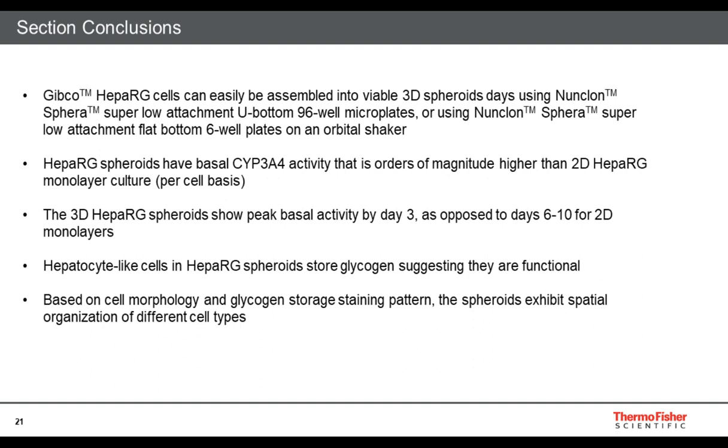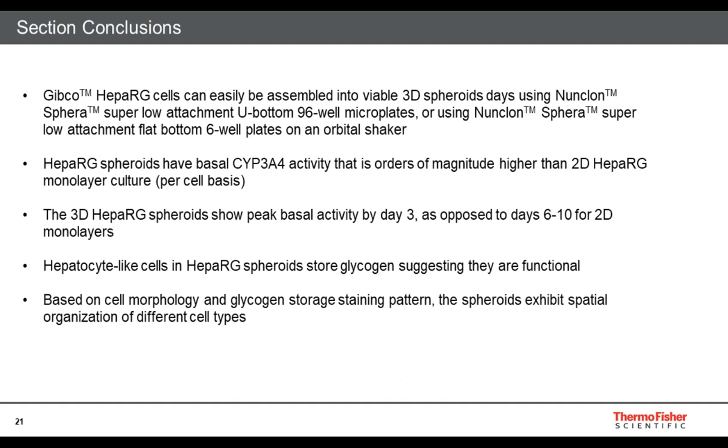That's orders of magnitude higher than 2D monolayer culture, both induced and uninduced in 2D. The 3D spheroids have peak basal activity on day 3 as opposed to day 6 through 10, so you can actually assay your cells much quicker when using a 3D format.